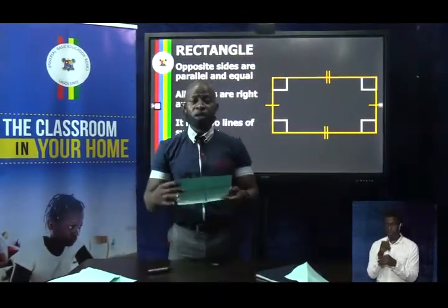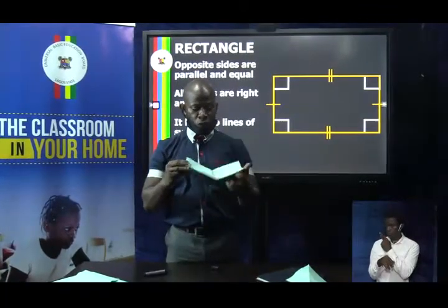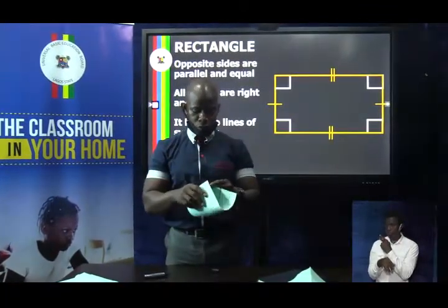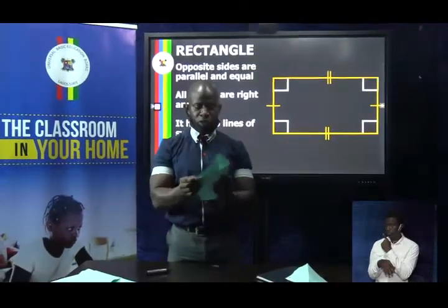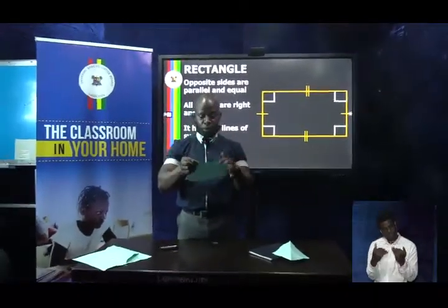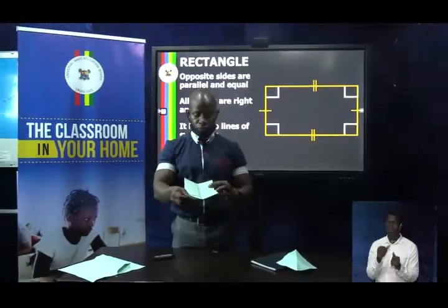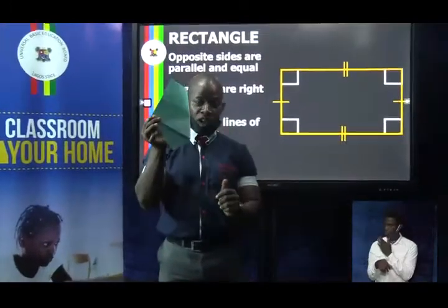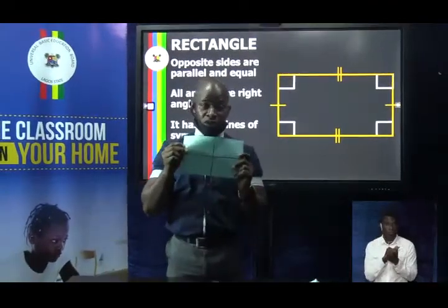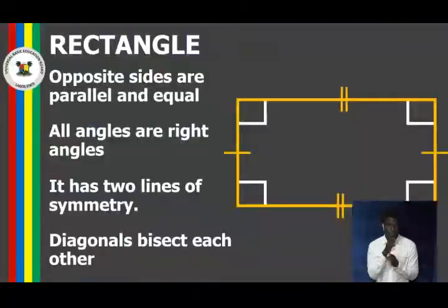But can we find other lines of symmetry? If we try to fold it along the angles, you can see there is a large overlap. And along the other angle, also overlapping. So these are the only two lines of symmetry that a rectangle has.